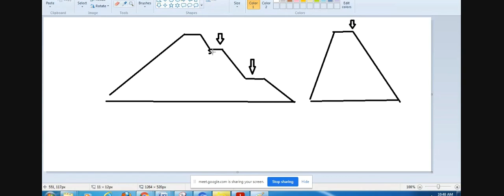And see here also something. So the water that falls between this face and this face will be collected here. It will not be allowed to move down. Similarly, water collected from this face and this face will be collected here.